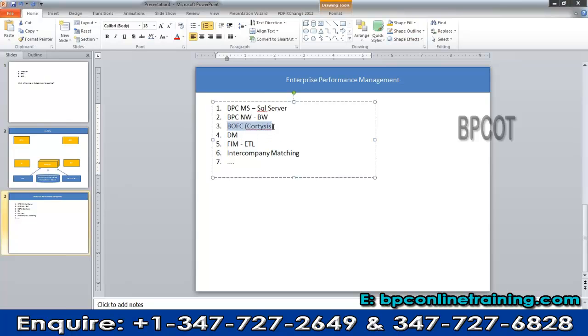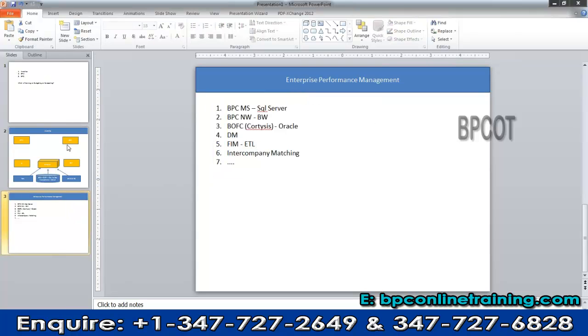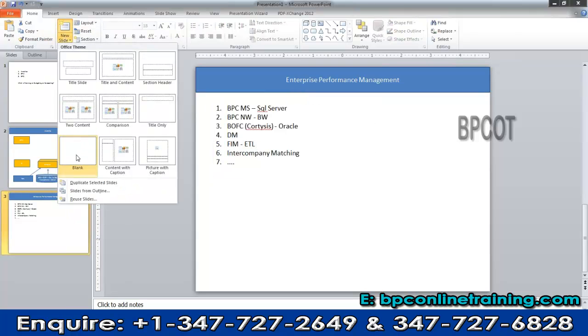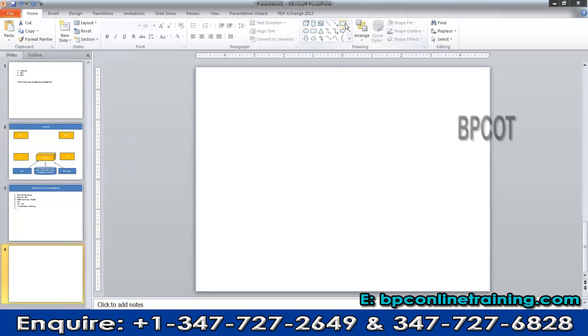The same way for BOFC, whose background is some Oracle database. To load data to this financial consolidation from different systems, you have to use FIM as the ETL tool, extraction, transformation, and loading tool. Right.